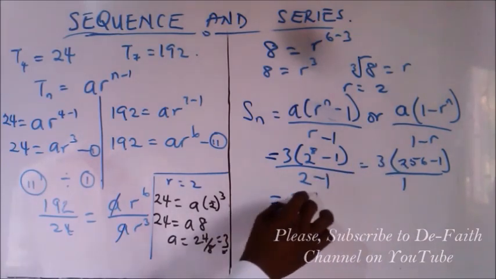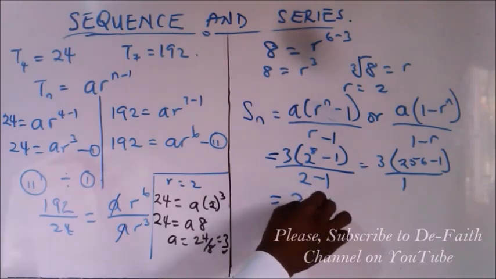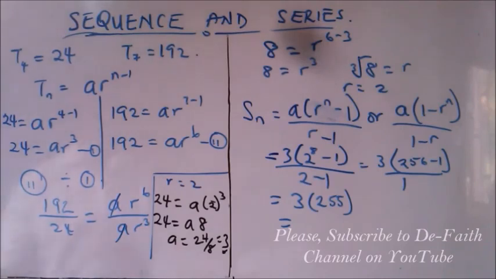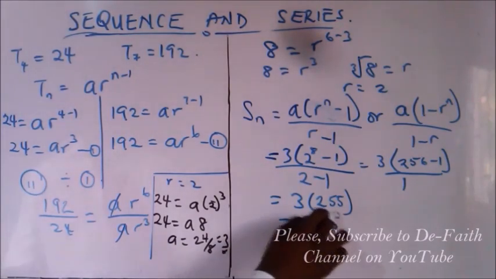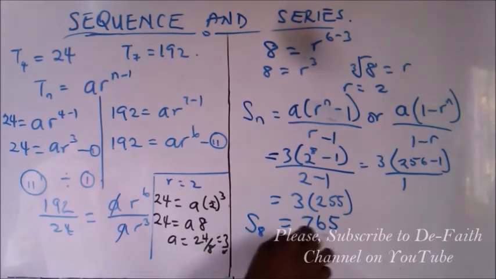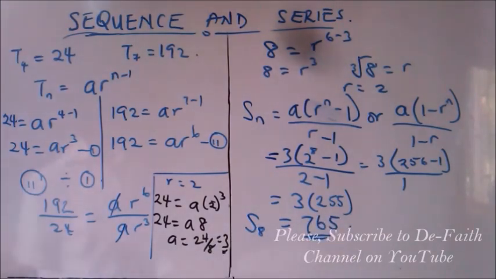And so we have 3 into brackets 256 minus 1, that's 255. 3 multiplied by 255, that gives us 765. Hence, the sum of the first 8 terms of this geometric progression is 765.